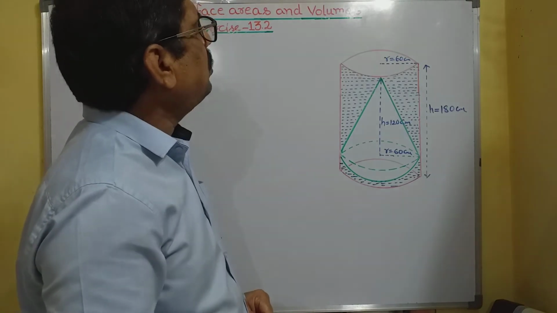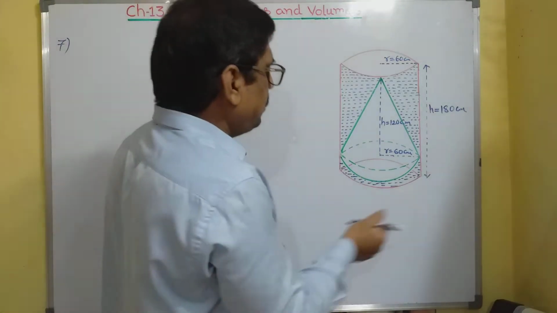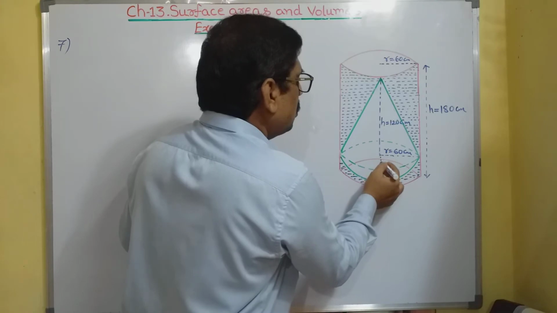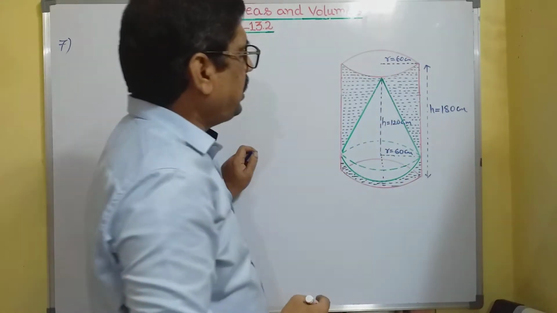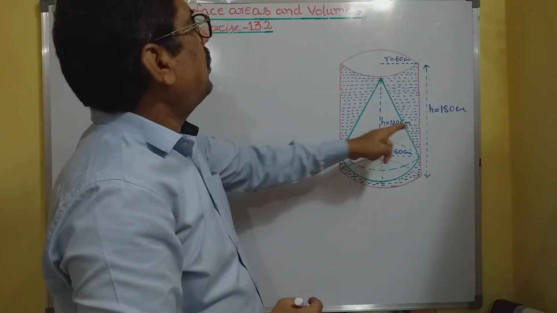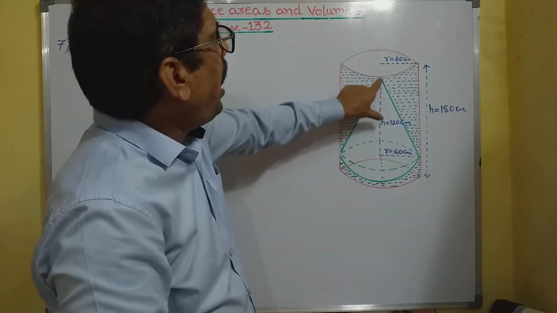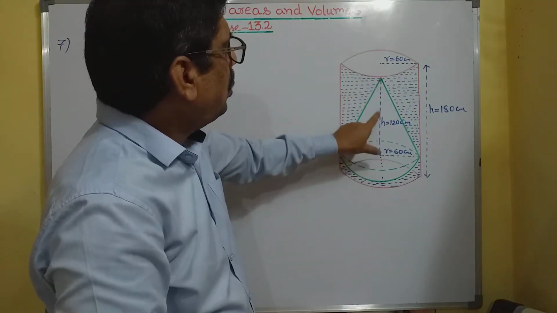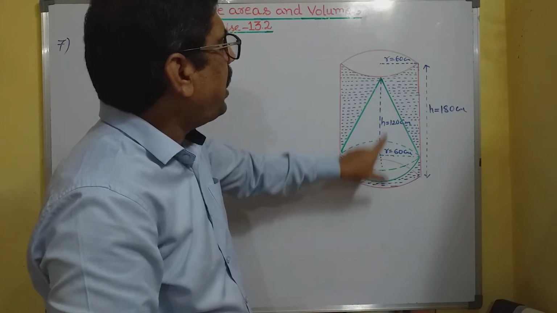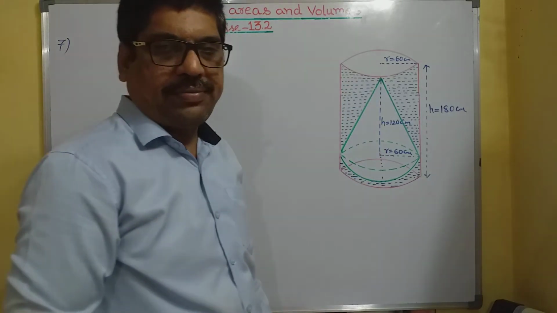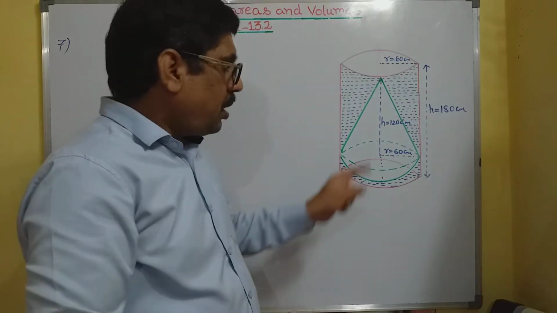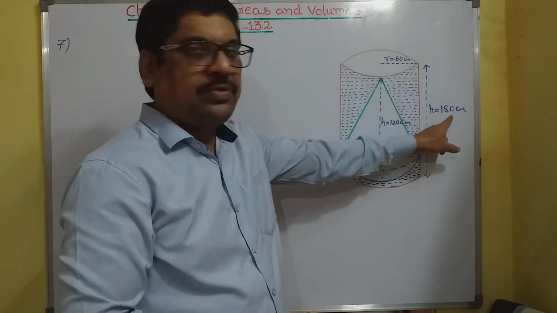Of course, it is the same as the solid's total height. Why? The cone height is 120 and the cylinder height is 180. Because if you add the cone height and the hemisphere height, the total will be 180 only. So both will be the same. But when you compare with the cone height, it is not the same.